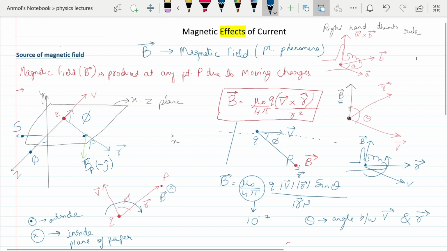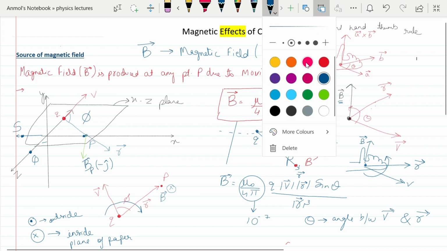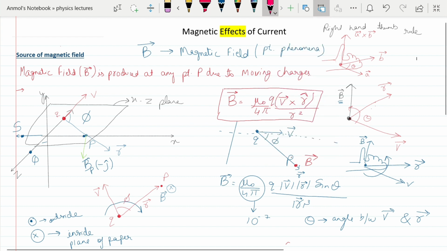Okay. Similarly, let's see for point Q. What is happening for point Q? Remember, I'm coming back to this example here. If instead of putting point P here, point P comes here, let's suppose point P is at this location, then what happens?